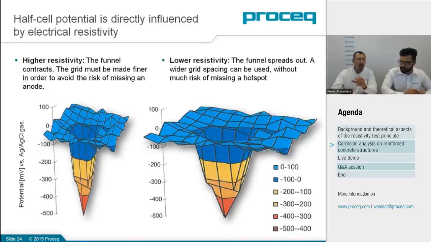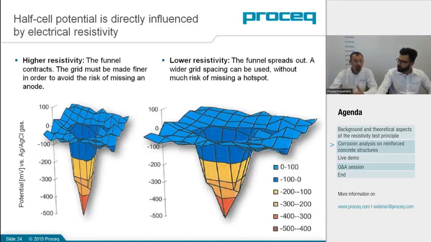Now, this is where I use my Resipod even prior to the half cell, because if I measure a higher resistivity, I will expect a shape of the potential curve similar to the one on the left, a narrow funnel, and I really cannot afford going with broad spacing.